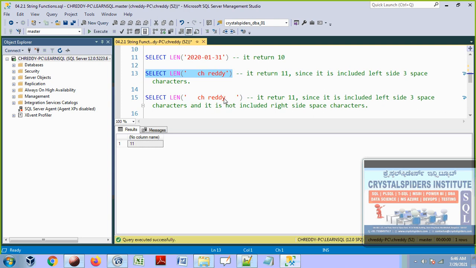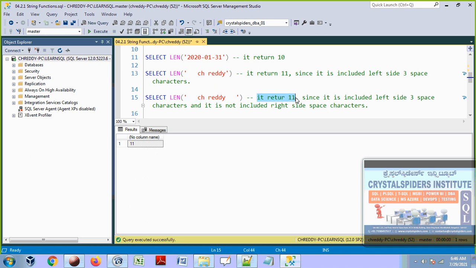In a similar way, I added a few more spaces on the right side, but these are not going to be considered. The right-side space characters will be omitted by the len function. Omitted means the len function will not count the right-side space characters. It always takes the left-side space characters, but the right-side ones are not considered by len.